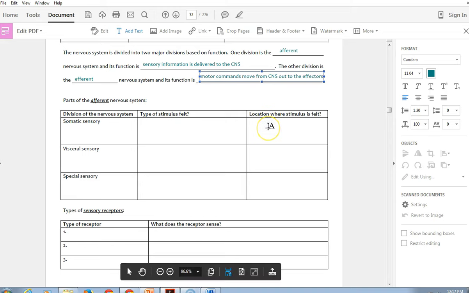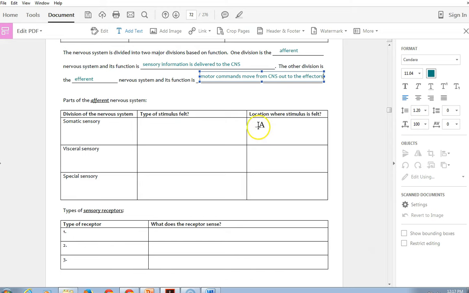So let's do a couple of these just to get you on a good start. It tells you in the figure that the skeletal muscles, the joints, and the skin surface are the locations where the stimulus is felt.